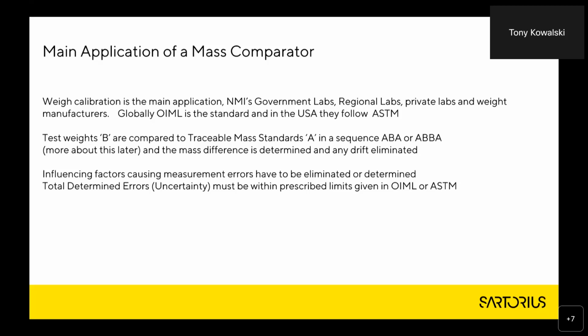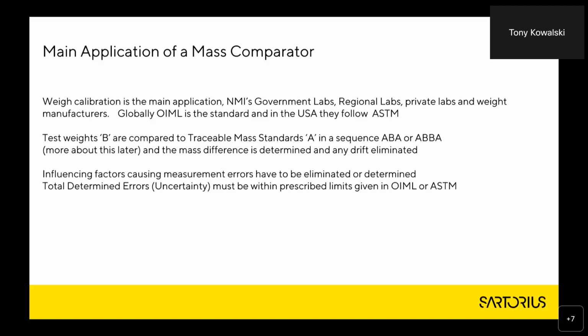We also have to remove any influencing factors causing measurement errors, because there are a number of factors that can influence, and they're quite largely down to the design of the laboratory, the location of the mass comparator within the laboratory, and we have to minimize all of these effects of temperature change with climate control.